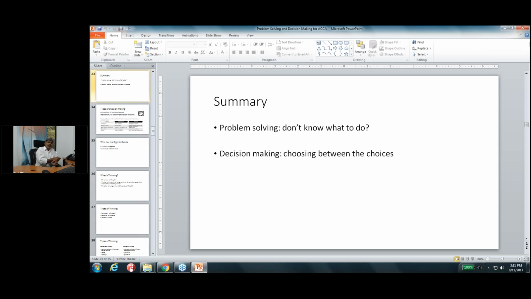The solution lies somewhere else, right? So whenever we need to identify the problem, we need to look at the causes. If the problem is identified clearly, then it is very easy for us to provide the solutions. Right? Okay.